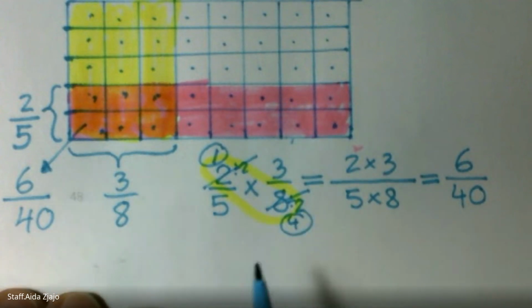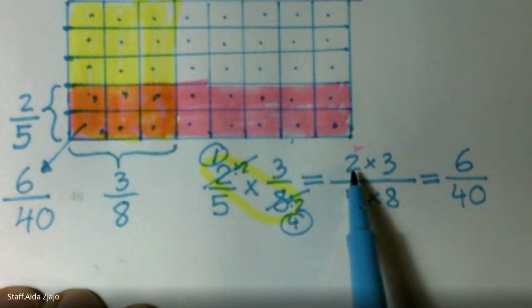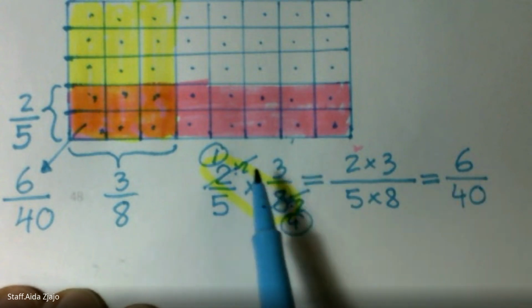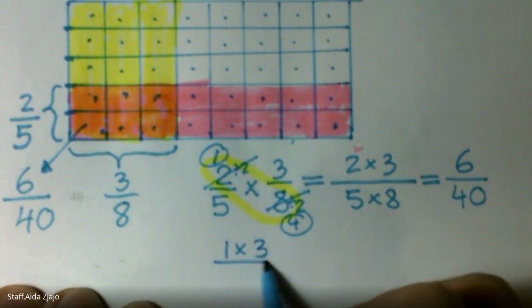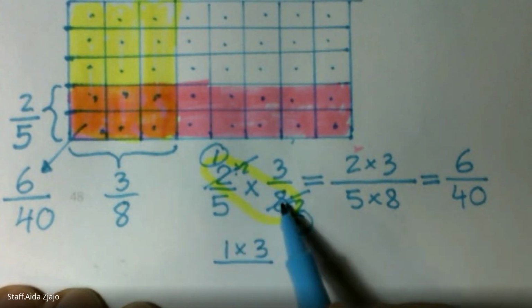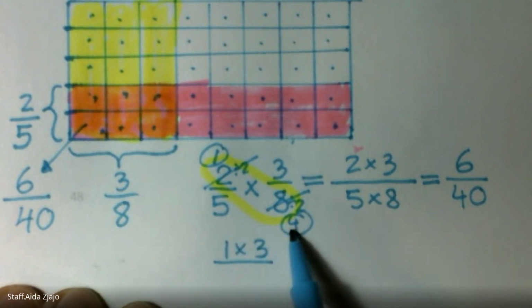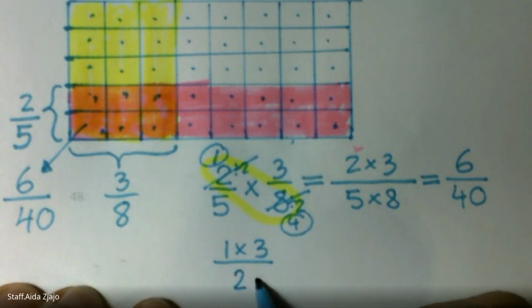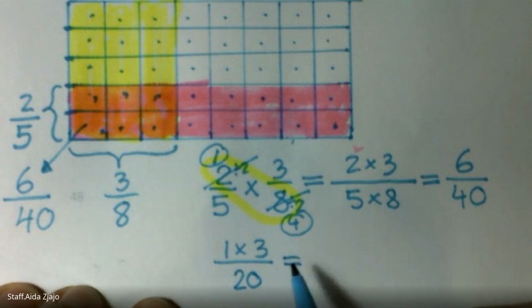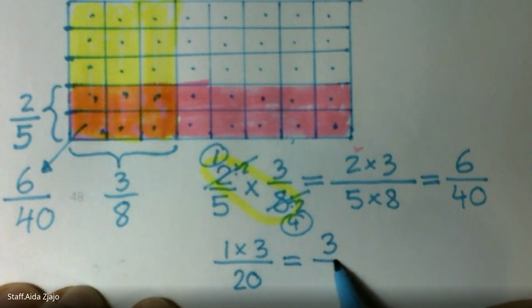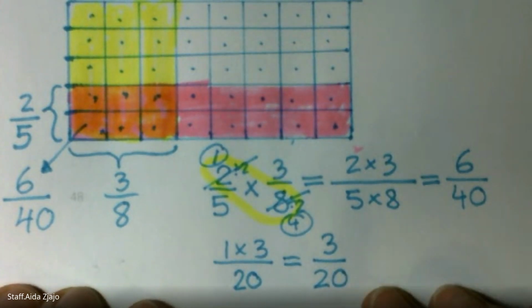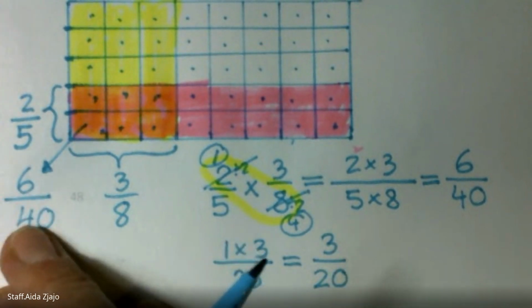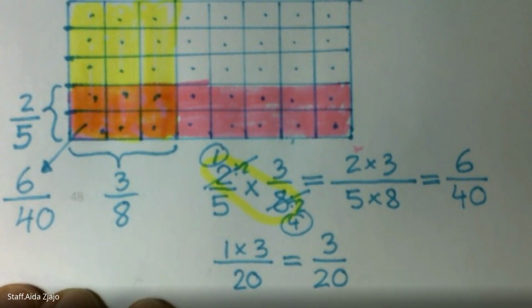So instead of multiplying 2 times 3 to get 6, I can do 1 times 3, and instead of multiplying 5 times 8, I can do 5 times 4, which is 20. So the simplest form is 3/20. 6/40 is the same as 3 out of 20 pieces.